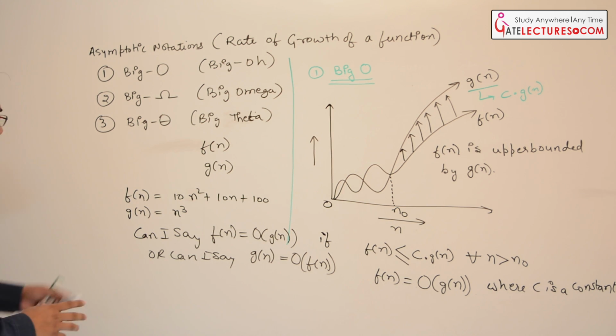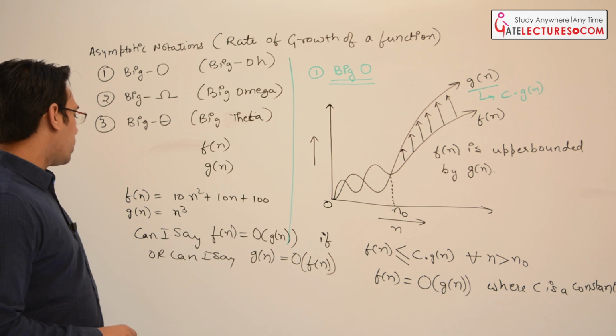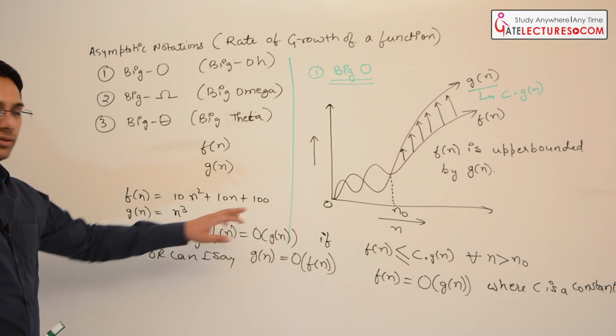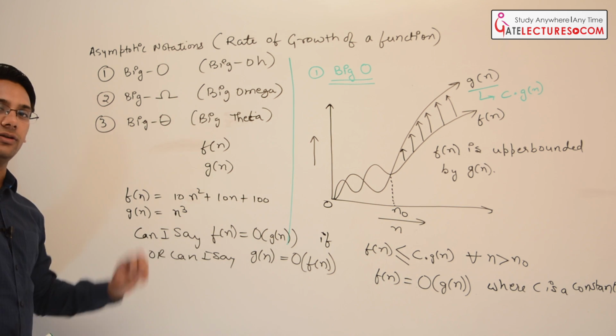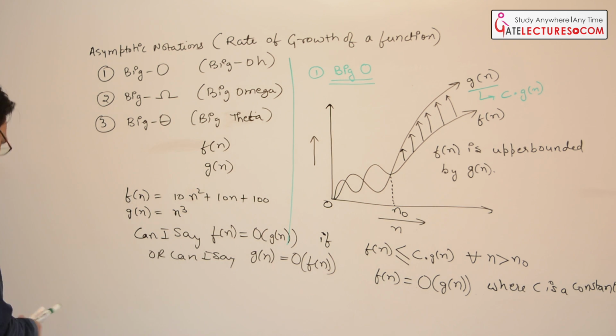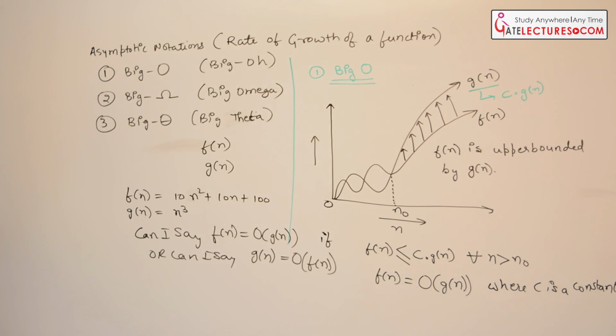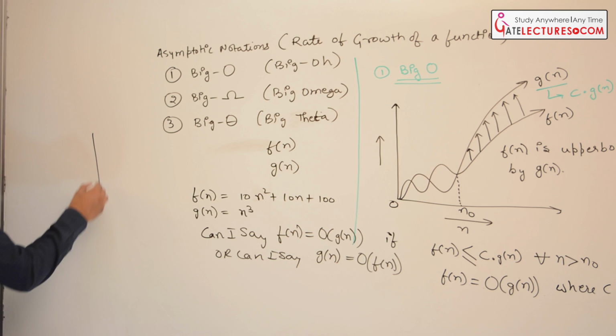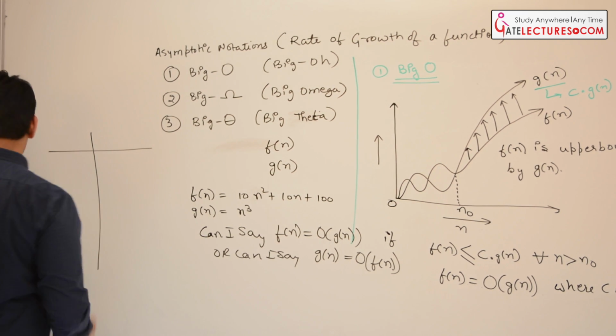Okay. Now here you can see what are the values. f(n) is 10n square plus 10n plus 100, and g(n) is n cube. Now can I say which one is greater? Let me just take some dummy values and compare their values.